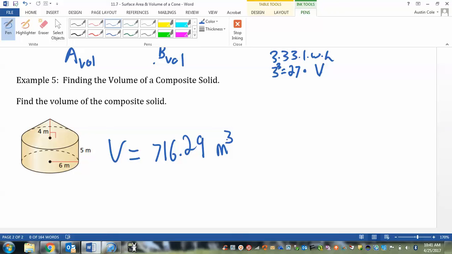It says 0.28667776. So it'd have to be 0.29. Wait, wouldn't it be cube, not square? Because it's volume, exactly. So anytime you're doing a volume question, it's going to be cubed.